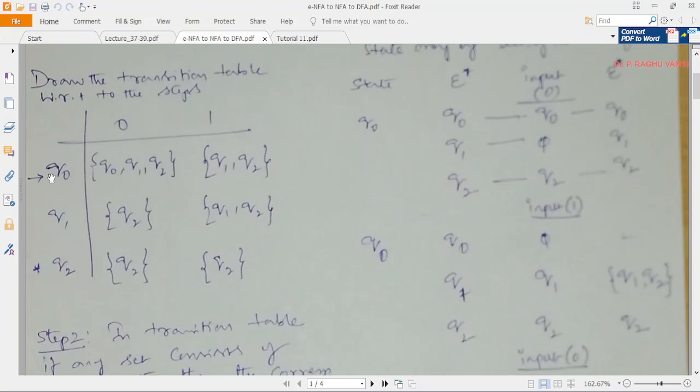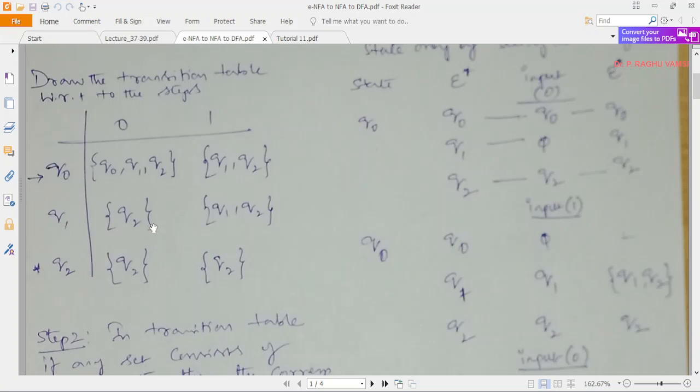So here Q0, in this Q0, Q1, Q2, so Q2 is the final state, so this can be considered as the final state. And on 1 here, this is also having Q2, so both the resultant sets that we will get with both inputs are having Q2 as the state, so hence Q0 can be declared as the final state.